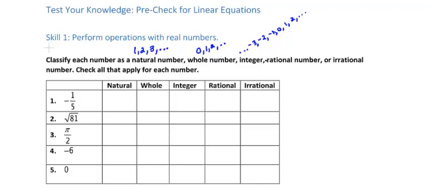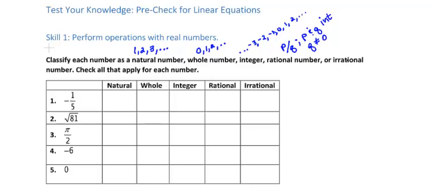Rational numbers are quotients of integers, so they have to be p over q, where p and q are both integers. And of course the denominator cannot be 0. But they also have a decimal form that terminates or repeats.